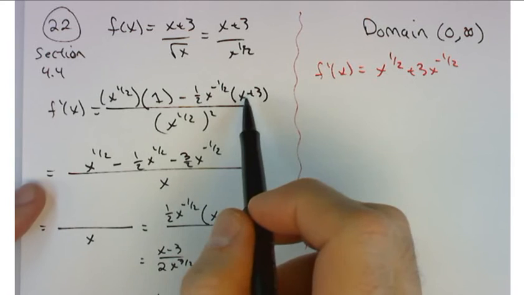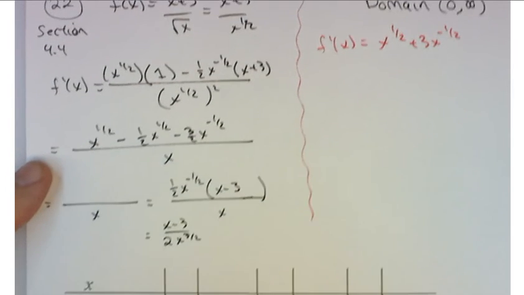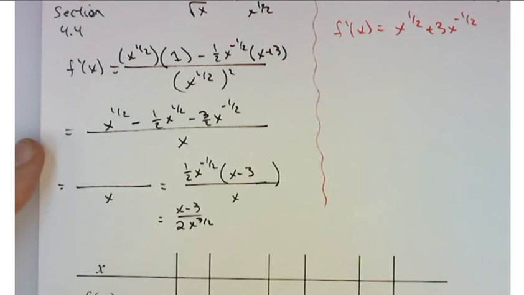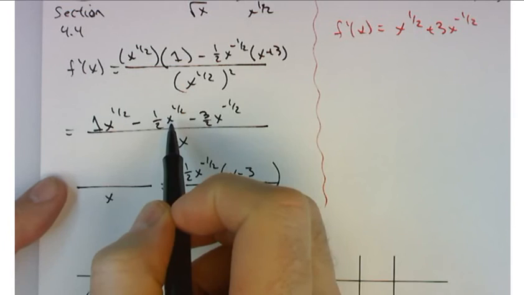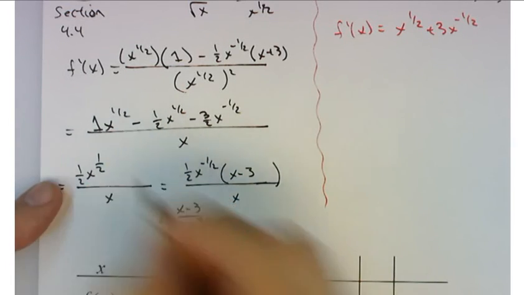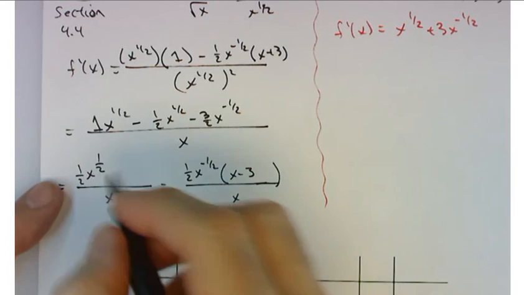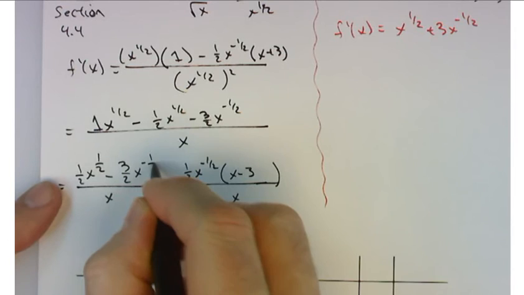When you distribute that, you end up with like terms. This and this are like terms. So I've got one of them here, 1/2 here. 1 minus 1/2 gives me 1/2 x to the 1/2. Minus, this is still hanging around, 3/2 x to the minus 1/2.